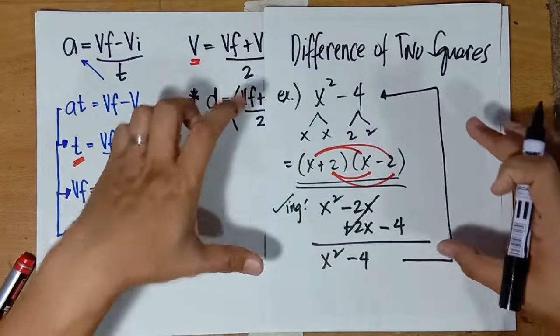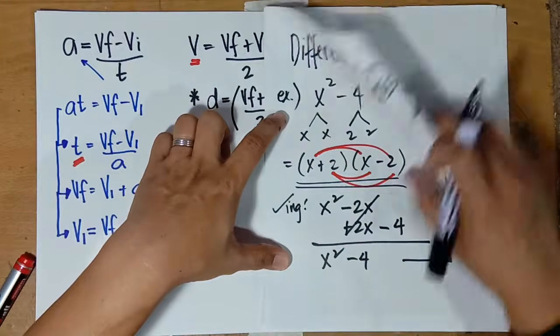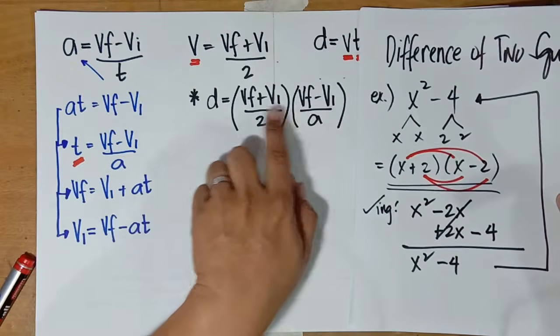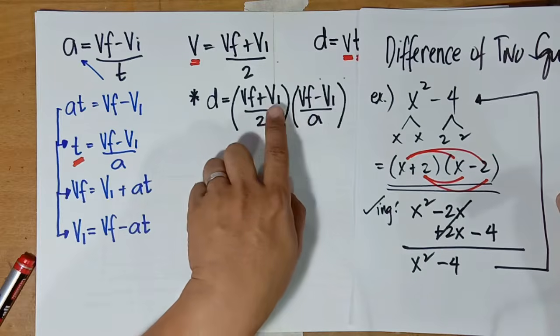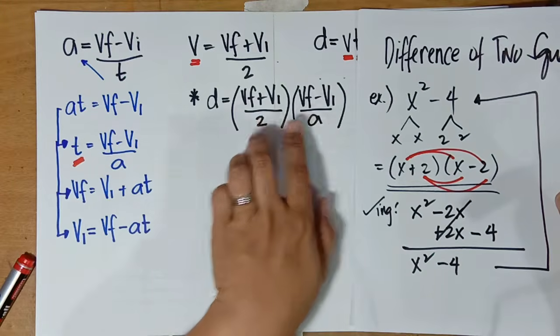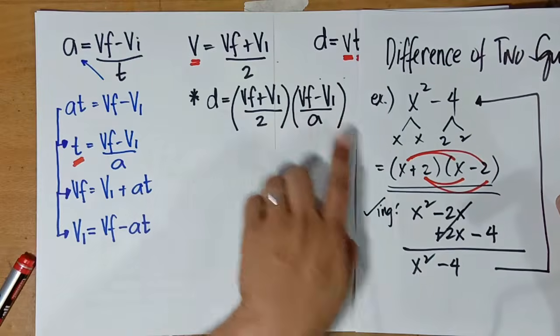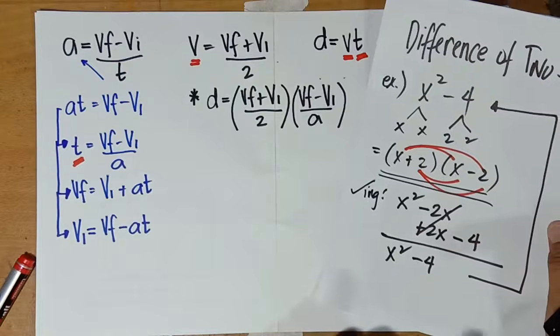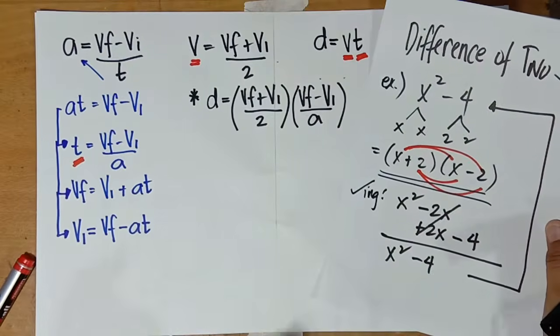Okay, let us now apply this to this one. Look at this. They have the same first terms, Vf, Vf. They have the same last terms, Vi, Vi, and they only differ at the signs between them. Positive here, negative there. So what will happen? It should be similar to this. Is that very clear? Now let us apply it.